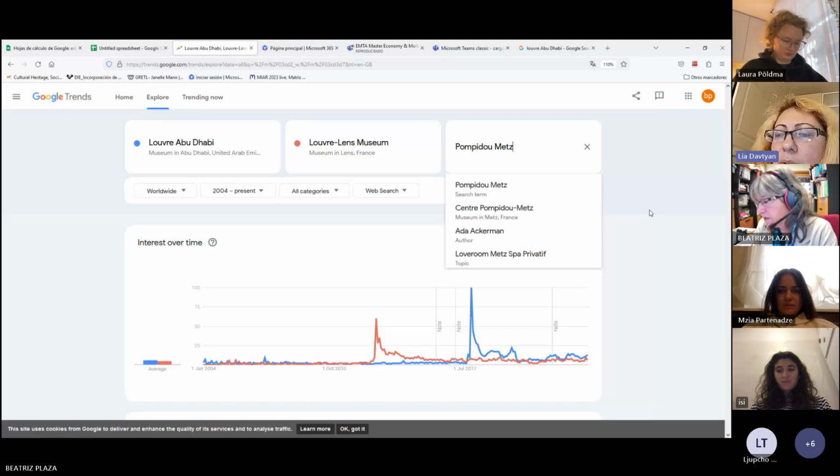I solved the problem. I should mark all categories, but I marked the arts and entertainment. That's why the diagram was different.